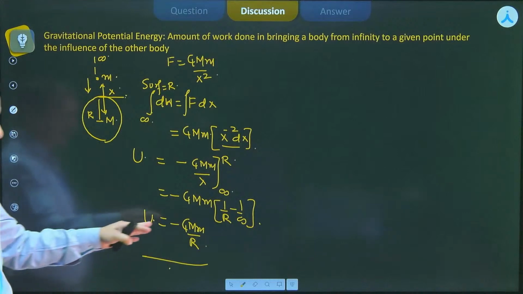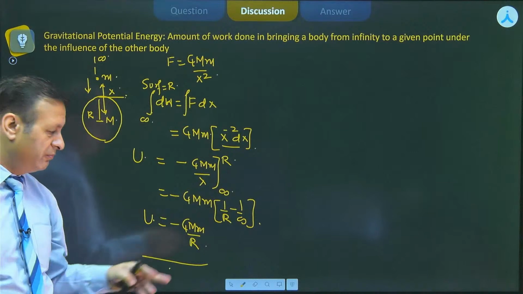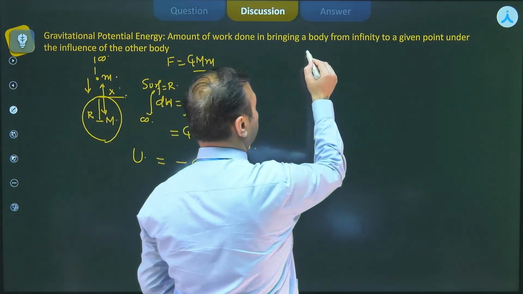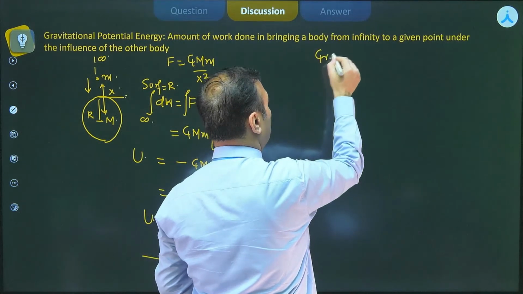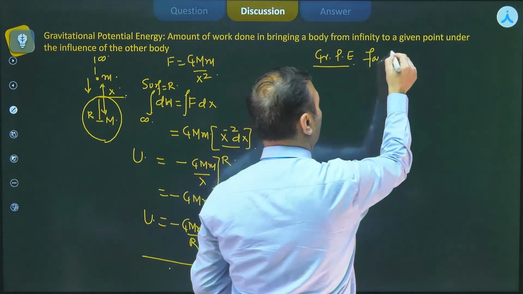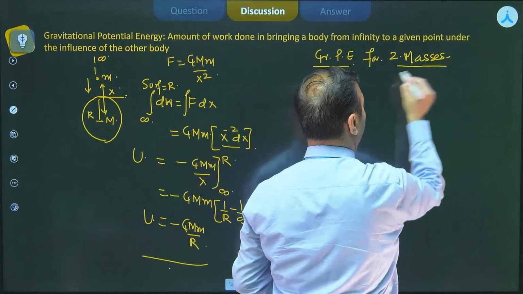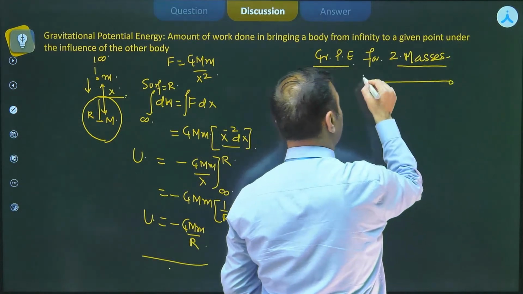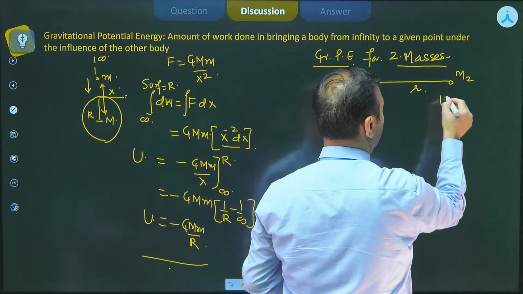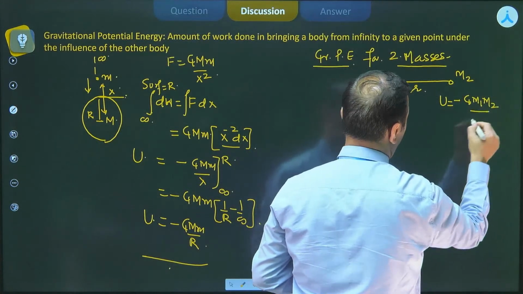So this is minus G M m, where capital M is the mass of Earth, small m is the mass of the body, and r is the separation. So the gravitational potential energy for two masses m1 and m2 separated by distance r is minus G m1 m2 by r.